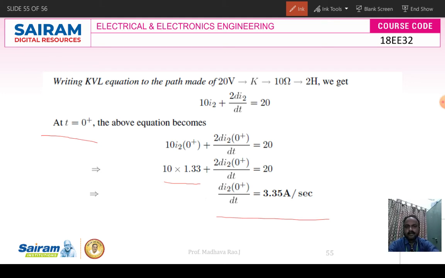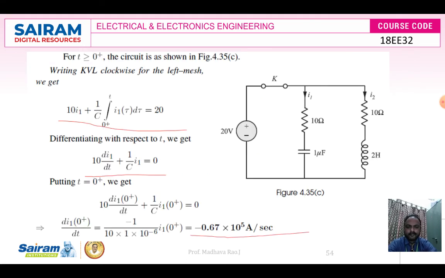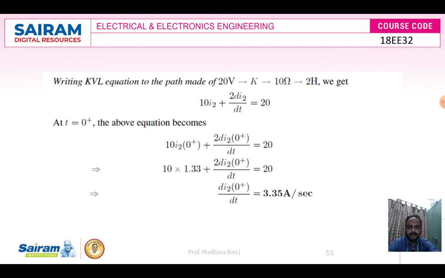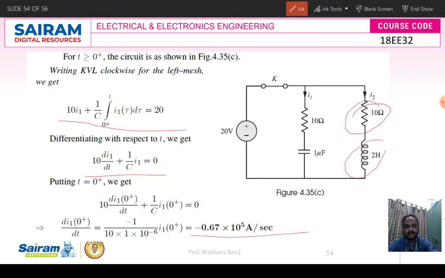So now we will see how this equation we got. Here, when we are applying the loop 2, there is a 10 ohm resistor, an inductor, and the voltage across this entire thing will be 20.